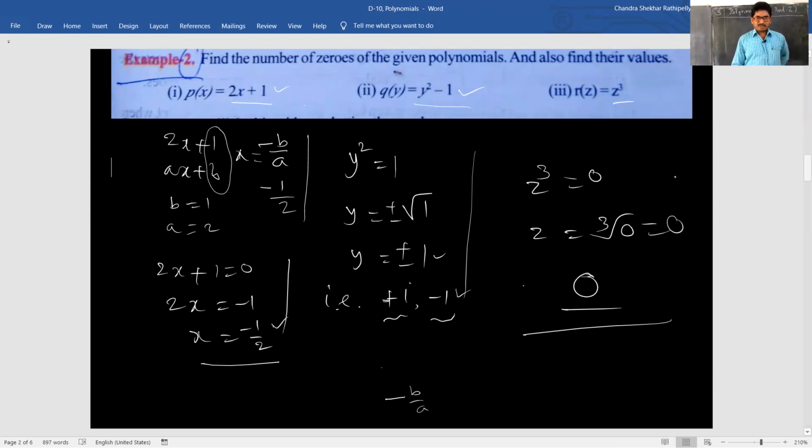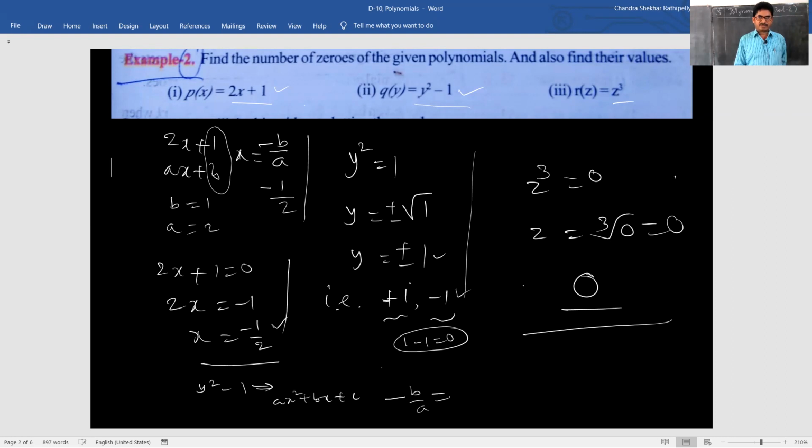So how can we find it? Actually, the sum of these zeros, plus 1 minus 1, is 0. So how do we get this from the formula? First we have to arrange the polynomial in standard form. Here we have y square minus 1, which is not in standard form, children. We have to arrange it like ax square plus bx plus c.